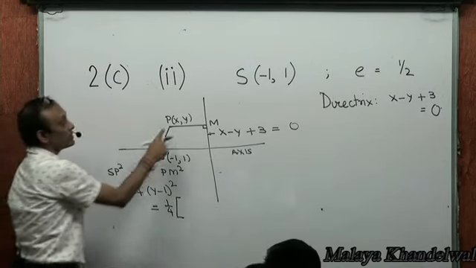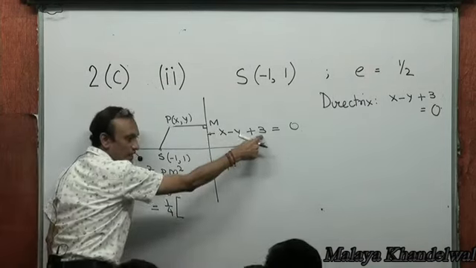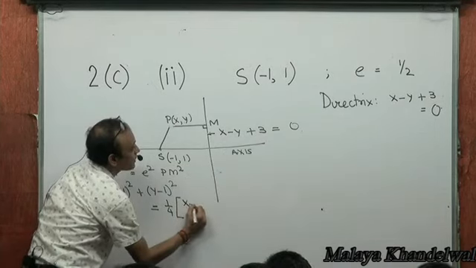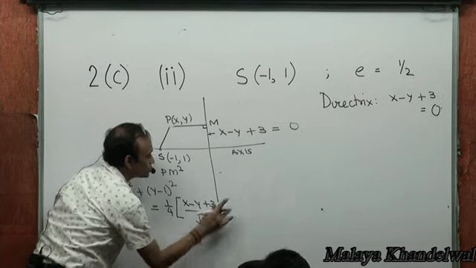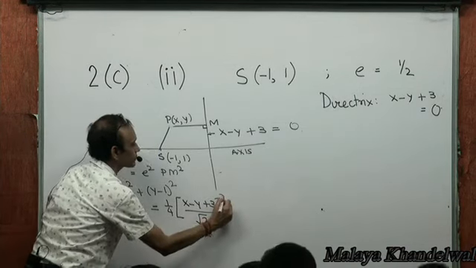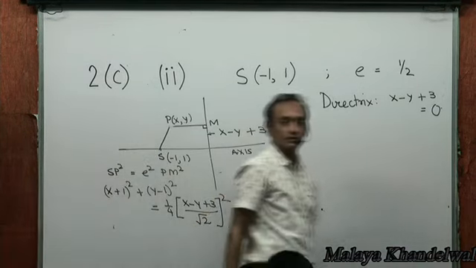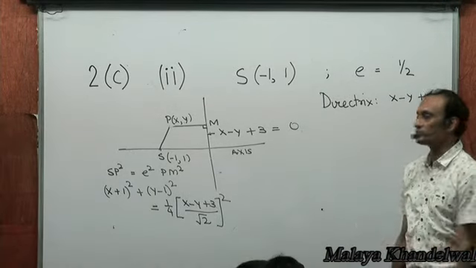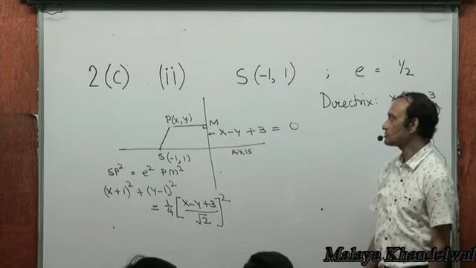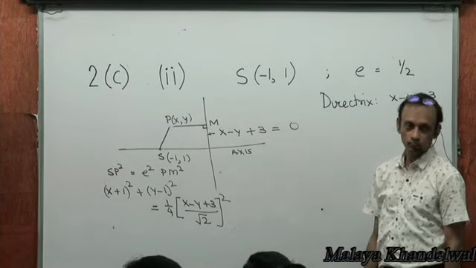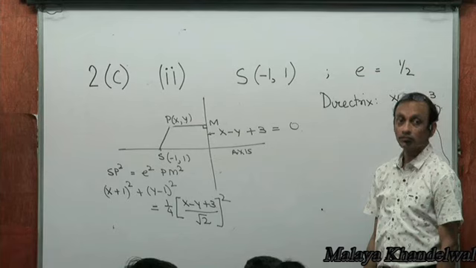into PM squared, the square of the distance of (x, y) from this line, which is (x minus y plus 3) divided by root 2, whole squared. The square of the distance of P from the directrix is this perpendicular distance. Right?